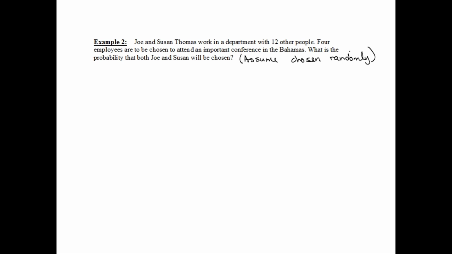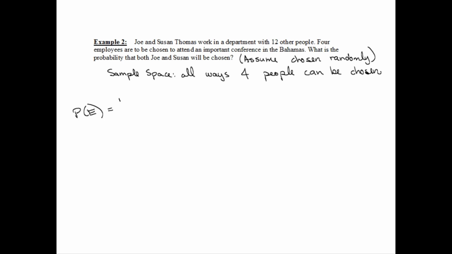In that case, every outcome is equally likely. My sample space will be all the ways that 4 people can be chosen. Okay, so our probability then will be the number in our event divided by the number in our sample space.